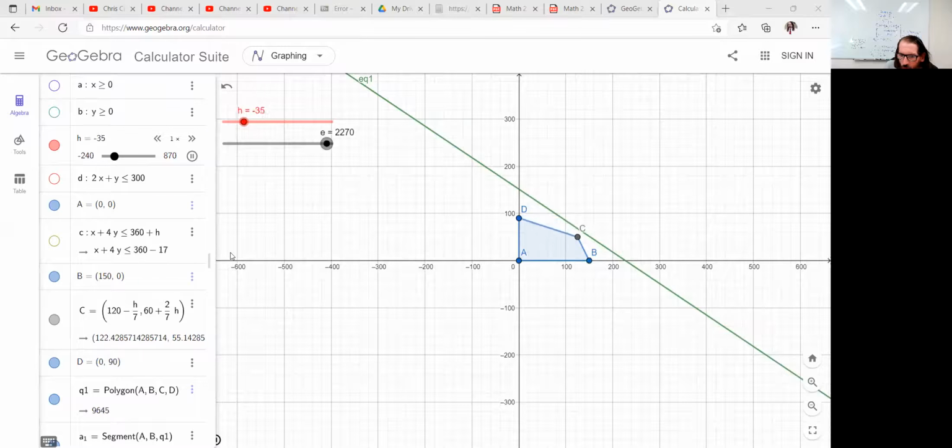The line for the second regular constraint is not changing.